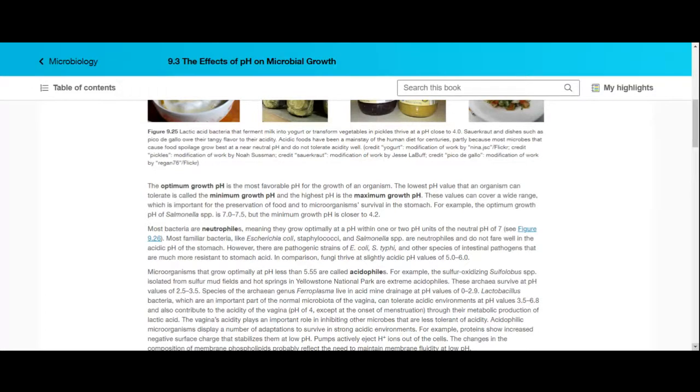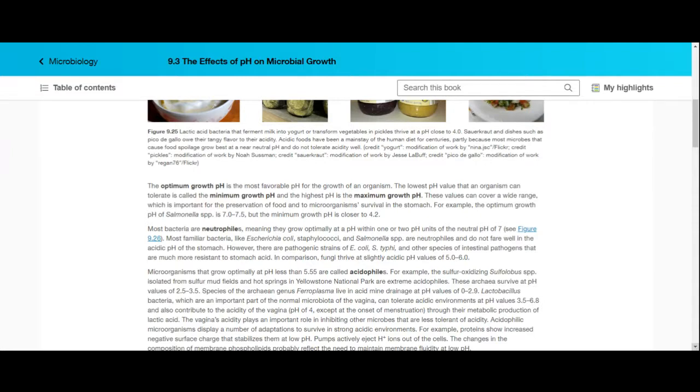Our acidophiles, we use that term for those that grow less than 5.5. So if we get to about 5.5 and below, then we call those acidophiles. They like to be in an acidic environment. And you see there, we find some at Yellowstone National Park. Most of these are archaeans.